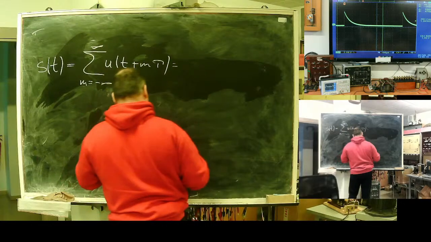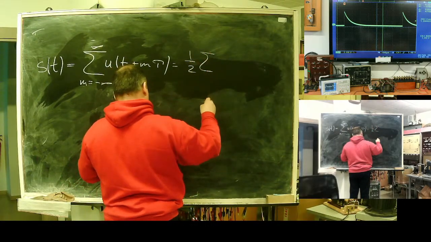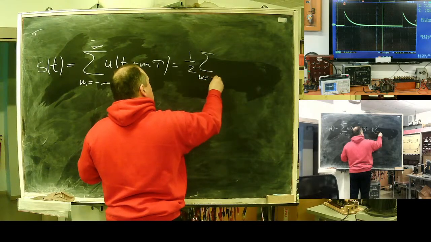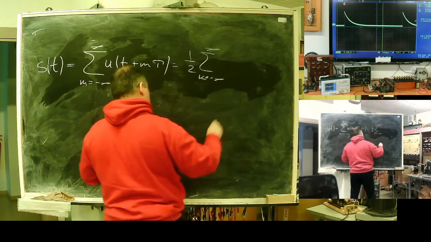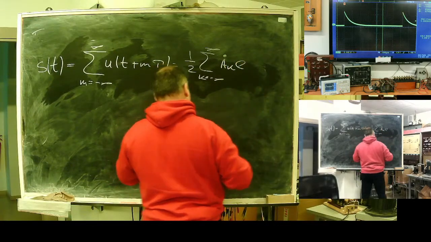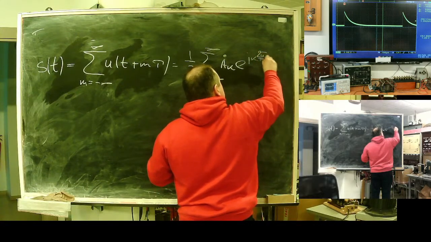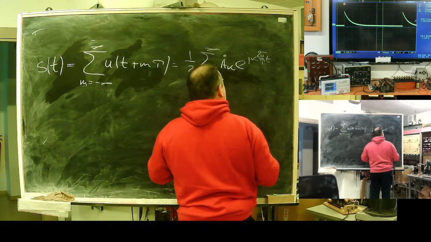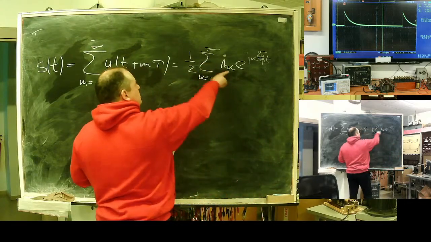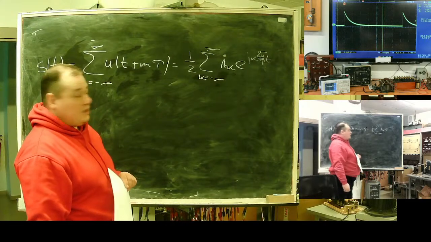This sequence can be represented as a classic Fourier row, a sum from minus infinity to infinity, with a power of j double P times t. Here it's a substitution with the Fourier row. We saw it.